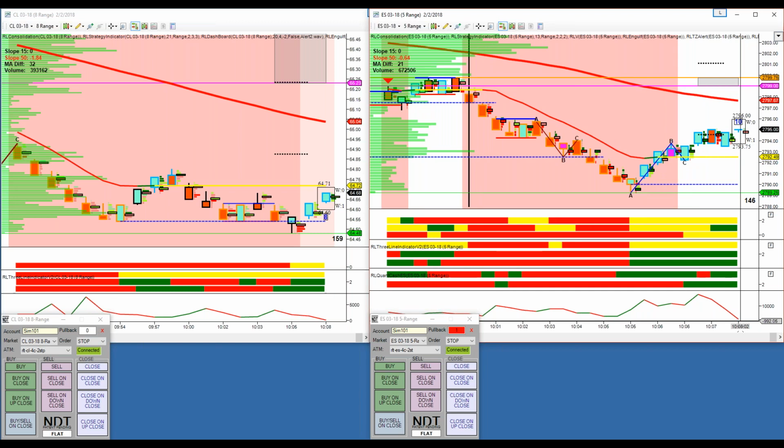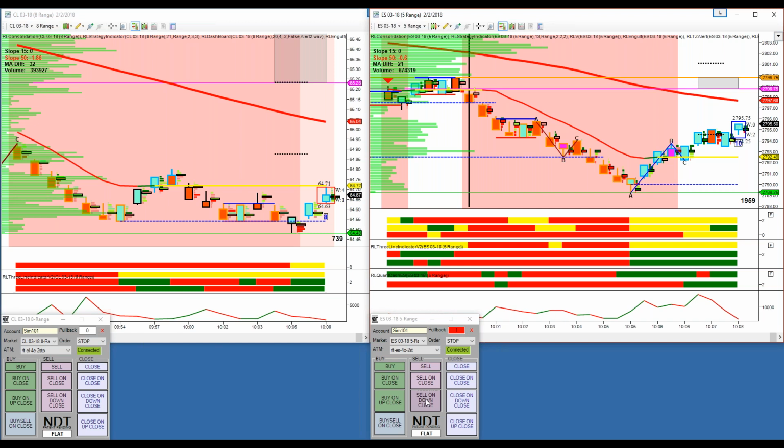I watched the down close here on the E-mini. No, nothing tradable. Let's see if we can retrace back to the 50.